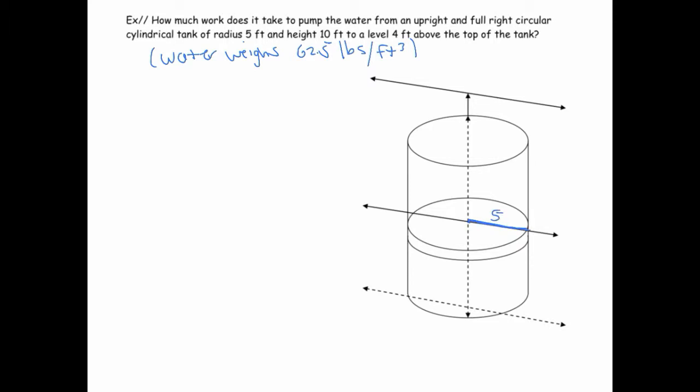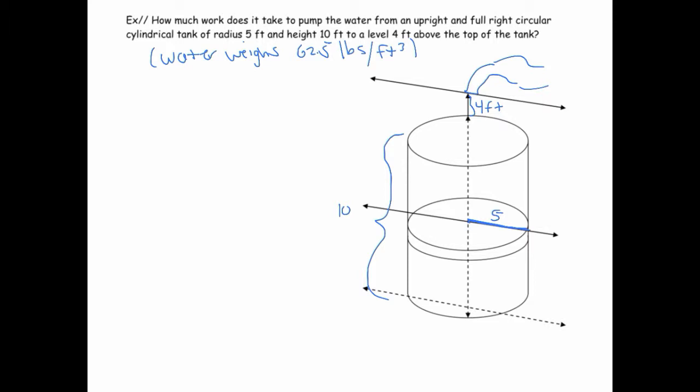We know that the height is 10 feet. And up here somewhere is our pump. It's a terrible pump, but whatever. And this distance here is 4 feet, between the top of the tank and where that pump is, accumulating the water.